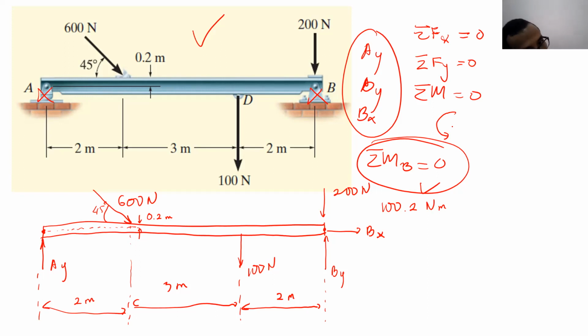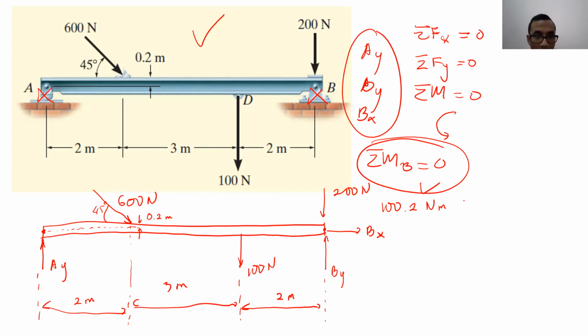Okay, now, how about 600 Newton? Due to 600 Newton, it's 600 times sine of 45, sine 45 times 3. Are you sure that only 3? The center of rotation is B. I'm sorry, 5.